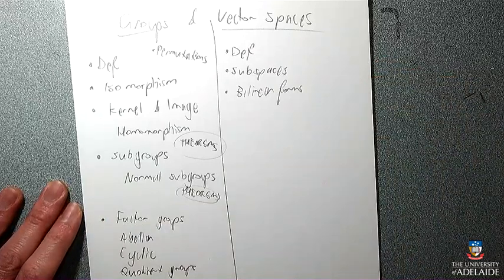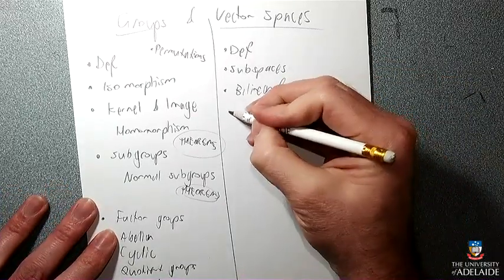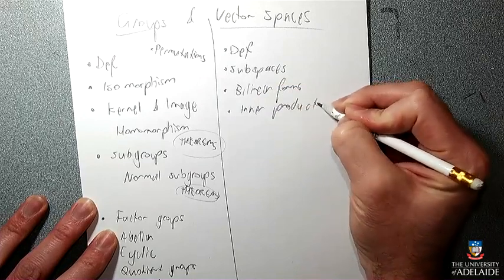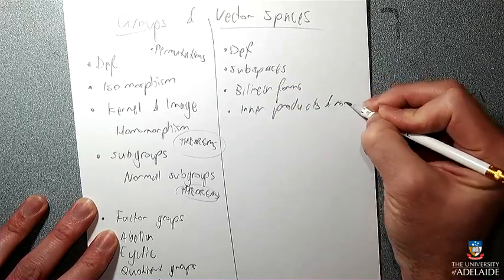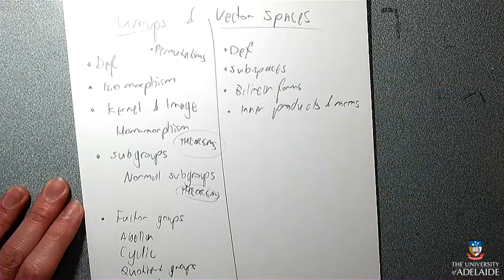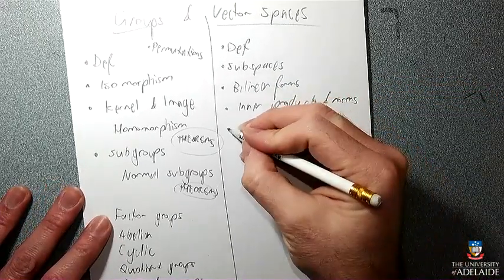What are the dot products? Inner products. Yeah. All the things with the span and the basis dimension.